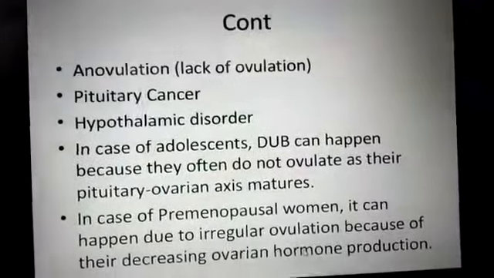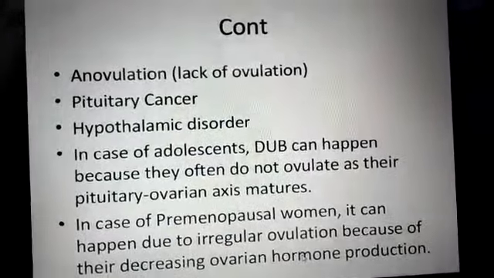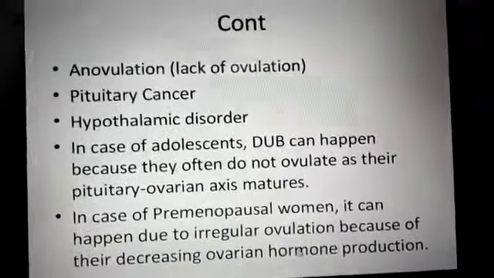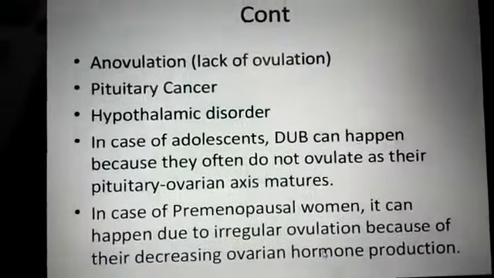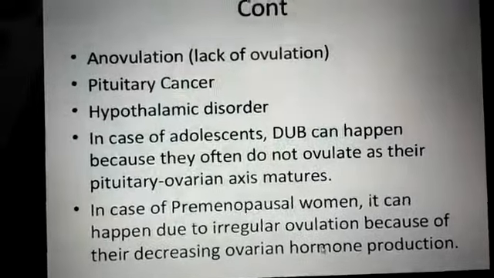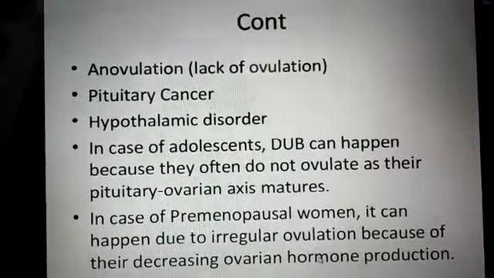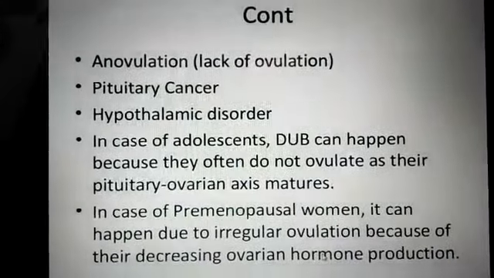If the hypothalamus is not functioning properly, the pituitary will not function properly, then the ovary will not function properly, and estrogen and progesterone are affected, and endometrial growth does not take place properly. In adolescents, DUB can happen because they often do not ovulate, as their pituitary-ovarian axis is not yet mature.